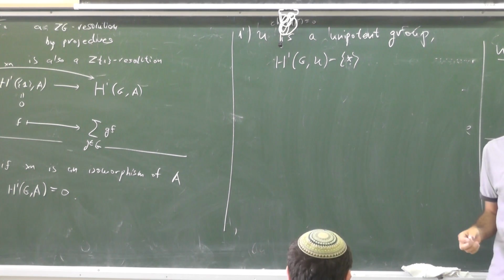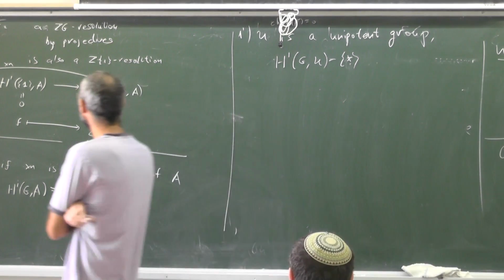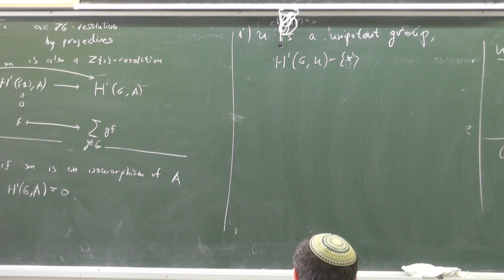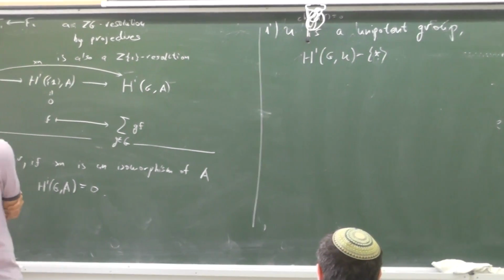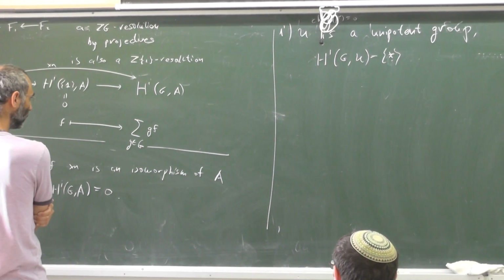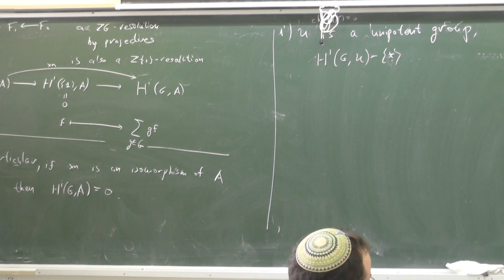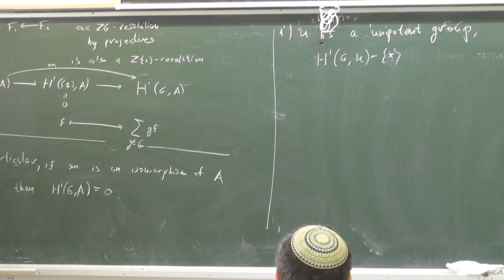So this follows by... I'm sorry, but in the argument there, why did you use that U is a vector group? What did I use this for? But if n is the characteristic, then multiplication with n is not an isomorphism.